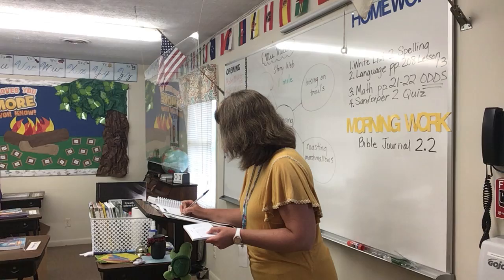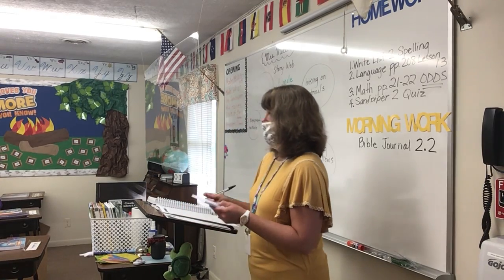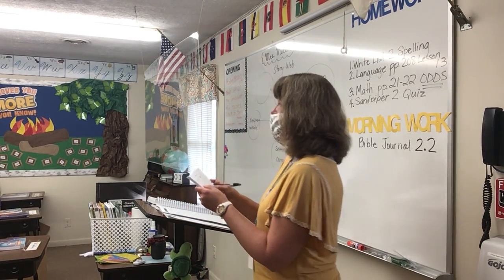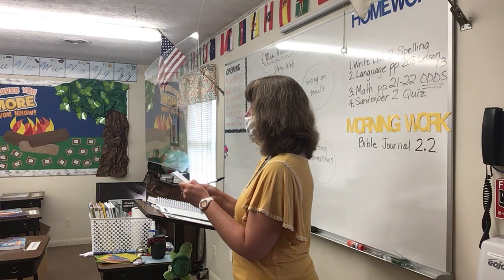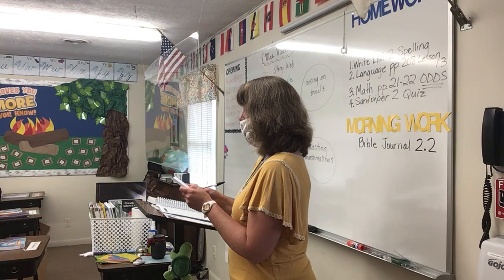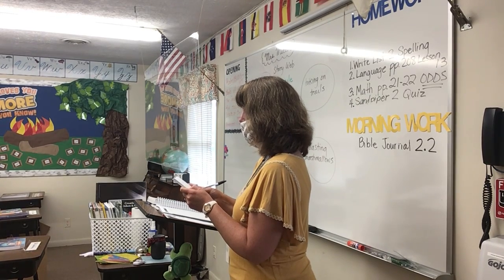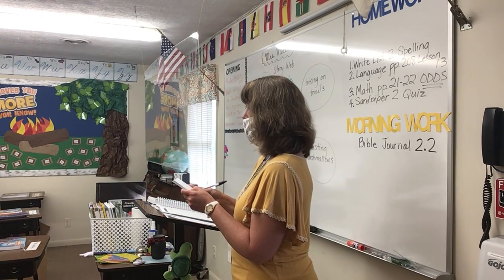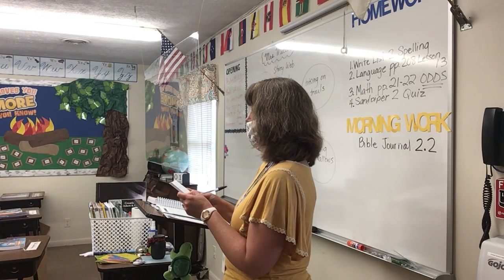Okay, row 3. 2 times 9 plus 6 minus 3 equals. 21.